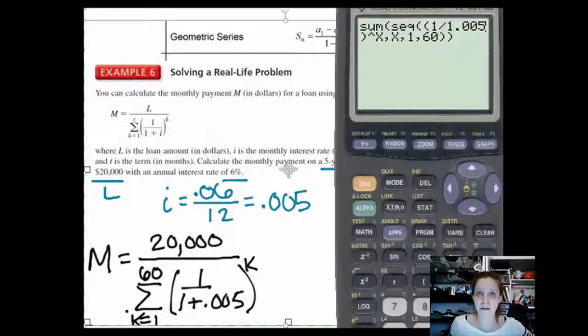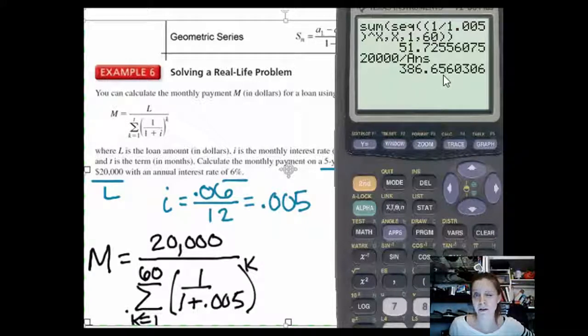Now it's adding up the first 60 terms. Okay, and now I want 20,000 divided by this 51, or 52 if I round it. So I'm going to use 20,000 divided by second answer, enter, and I will get that the monthly payments, let me round to the nearest cent, it's going to be $386.66.